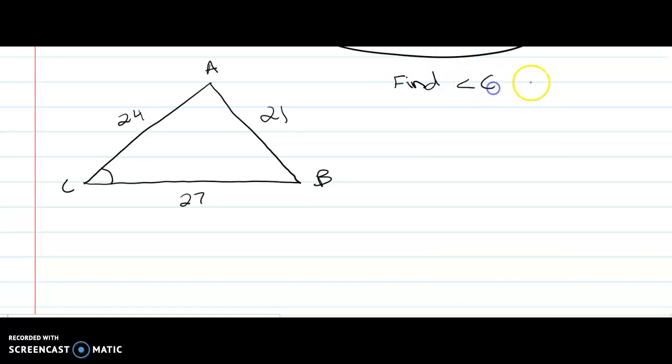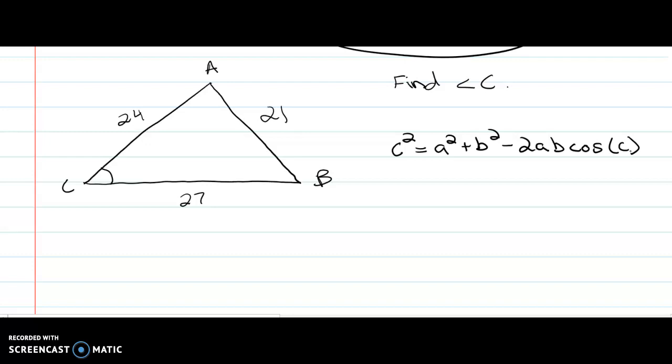Well, here, I don't really have a ratio I can use, like law of sines, to set that up. So when I don't have a ratio that I can use, I have to use the law of cosines. So the law of cosines is c squared is equal to a squared plus b squared minus 2 times a times b times the cosine of c.